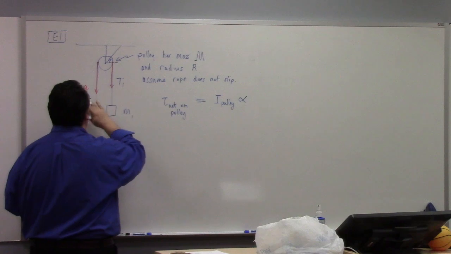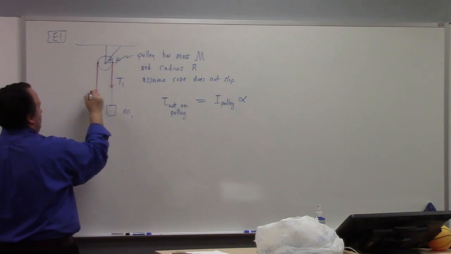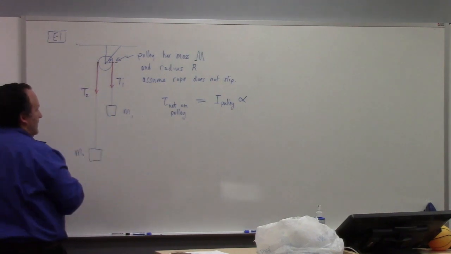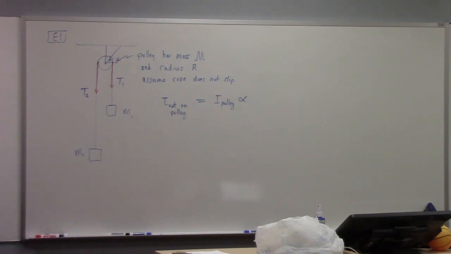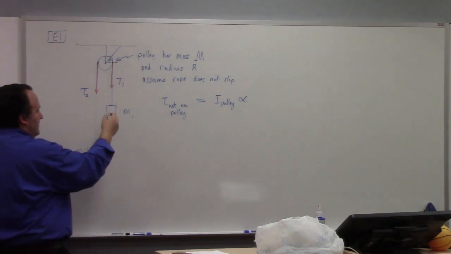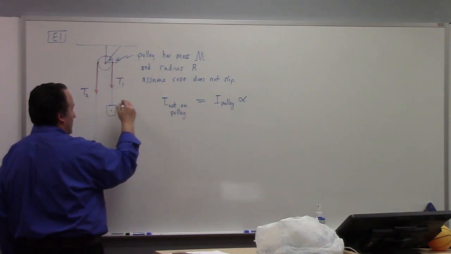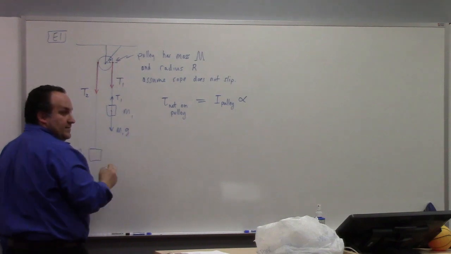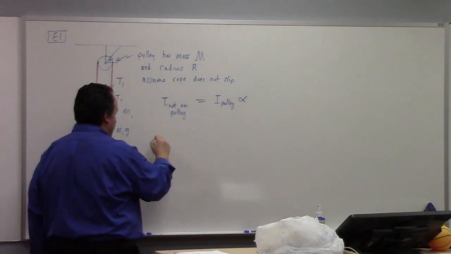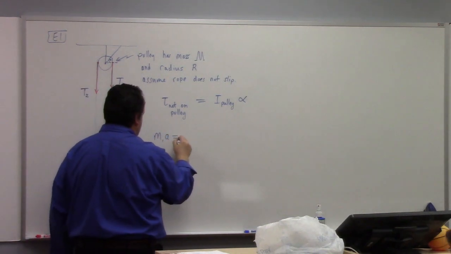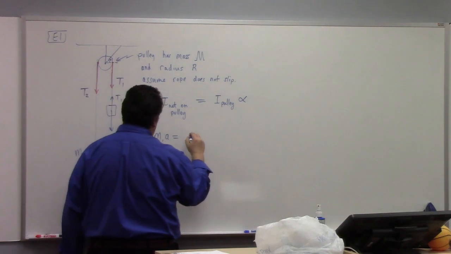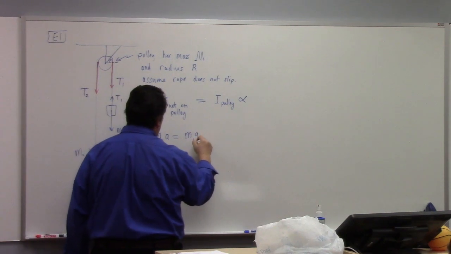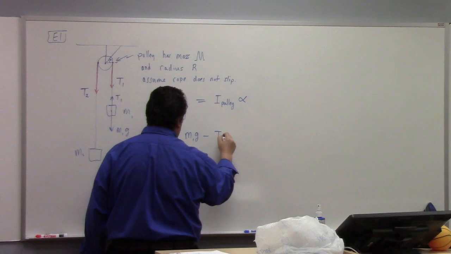I'm not entirely convinced. So if I go down here to this mass, I've got T1 that way, and I've got M1G down there. And I have M1 times the acceleration is equal to M1G minus T1.